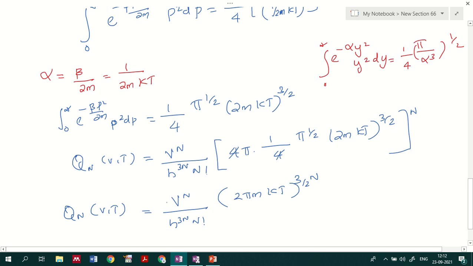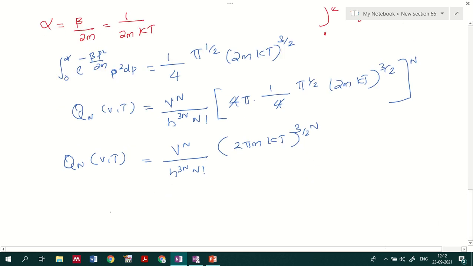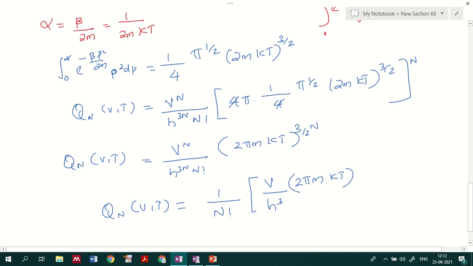Now we know by this representation we'll actually get the partition function corresponding to that. Q_1(V, T) is equal to 1 by N factorial. If I take V by h cube into the bracket, so I can represent V by h cube, 2 pi m kT raised to 3 by 2, whole raised to N will come.